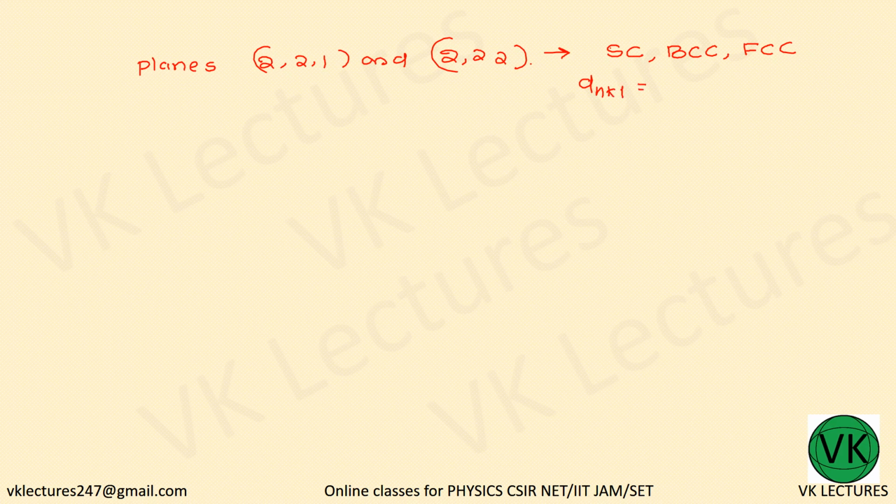Now coming to another note, there is something called the h square plus k square plus l square ratio. This h square plus k square plus l square is equal to 1 divided by d h k l whole square, where d is the interplanar spacing and h k l is the subscript.